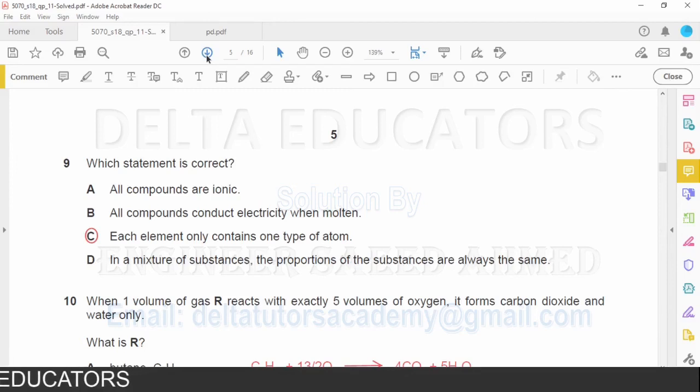Yes, it is the correct option. Option D, in a mixture of substances, the properties of the substances are always the same. No, chemical properties do not change, but in a mixture, physical properties are changed. So our correct option is option C.